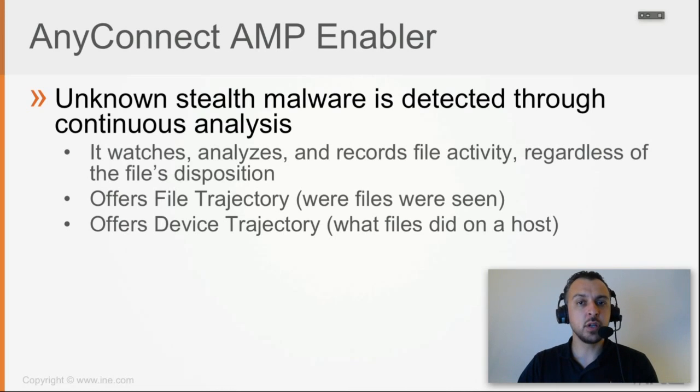So if AMP sees that a PDF file was downloaded today, and for example 25 days later that PDF file starts stopping some computer processes, or making some registry changes, or start sending some command and control keep alive messages out on the internet to their command and control center, clearly AMP is going to be able to detect that, because as I stated, it constantly watches everything which happens on a computer.